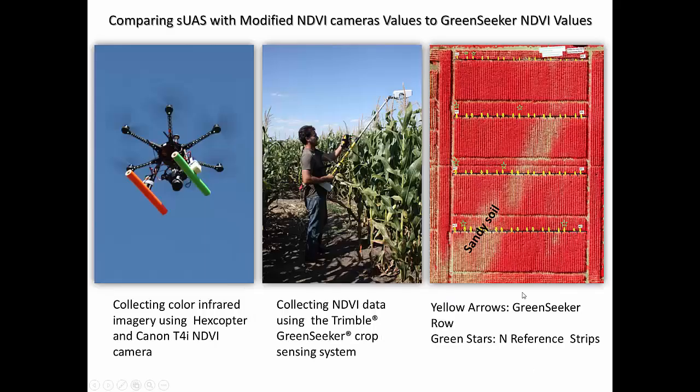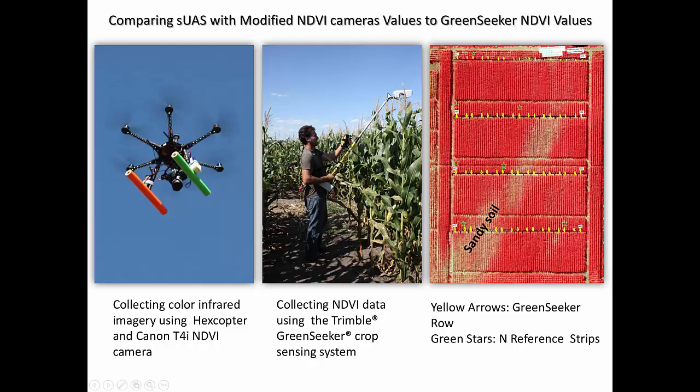So there's been some work. This is some work that was done across the way at Kansas State University, where they had a modified Canon camera to measure NDVI, and then they were using a handheld Green Seeker crop circle. I mentioned the OptiRx sensor that the producer had in the study that we did, sort of the same.